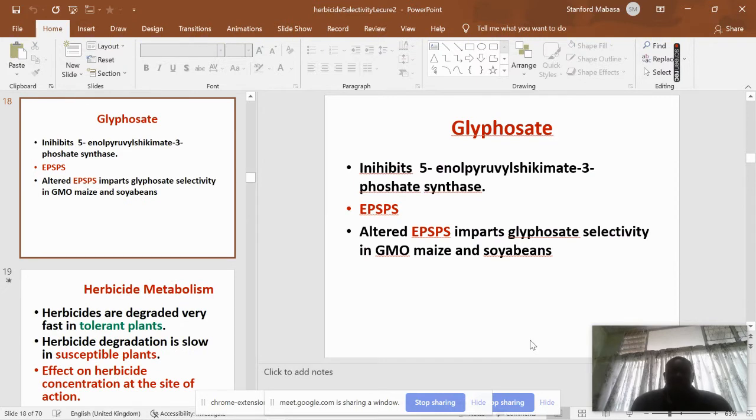Now, as far as glyphosate is concerned, scientists using GMOs have actually manipulated some enzymes in plants. We know that glyphosate can bind or can inhibit the enzyme known as 5-enolpyruvylshikimate-3-phosphate synthase, which is EPSPS.